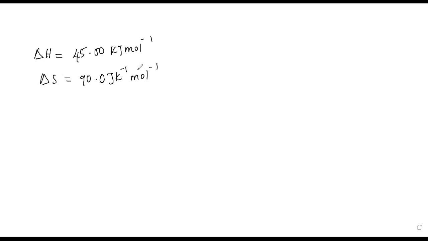Right? And you have to find the boiling point. The boiling point means what? Indirectly you have to find the temperature. That is the question. Right? So are you able to understand the question? This is the process of vaporization.